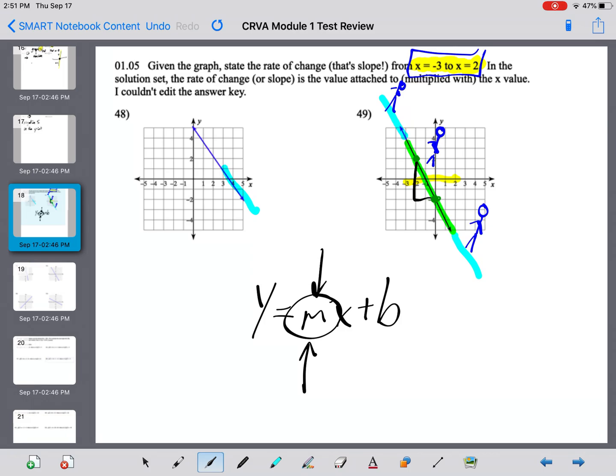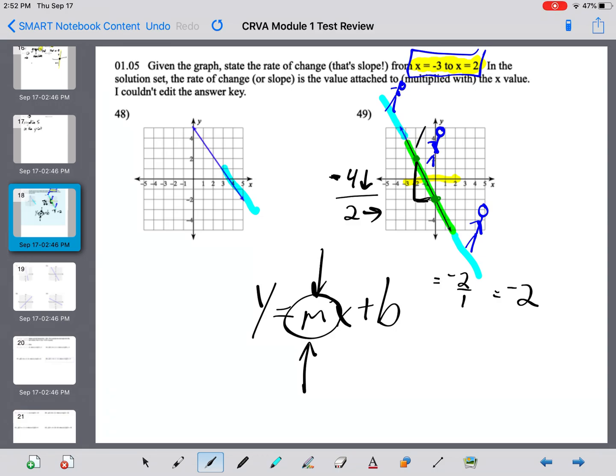I like to find slope, if I'm given a graph, on the graph. I'm going down 4 and I'm going right 2. So the slope is 4 over 2. Although I'm going down, so it's negative. So the slope is negative 4 over 2, which is equivalent to negative 2 over 1 or negative 2.